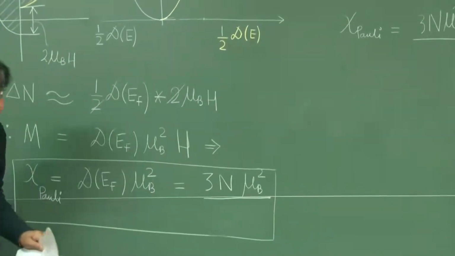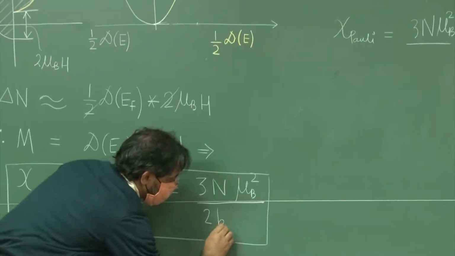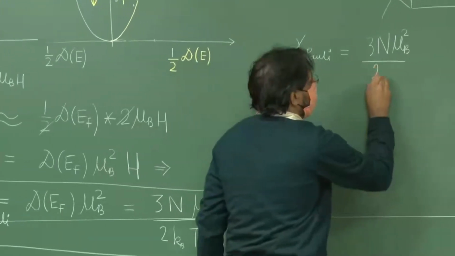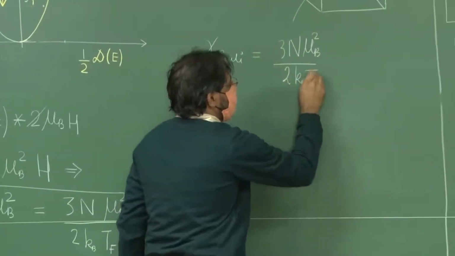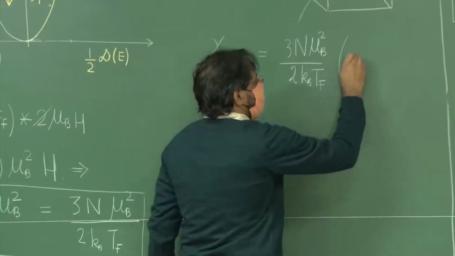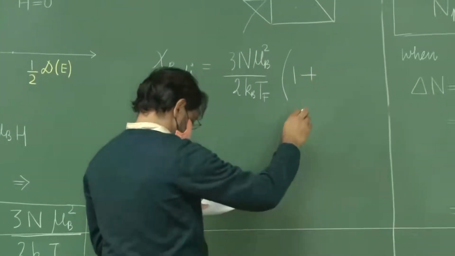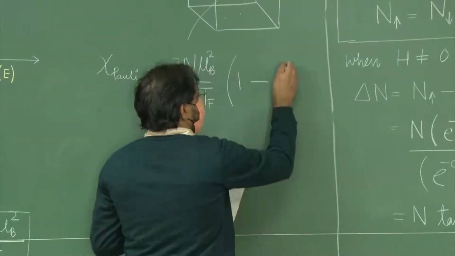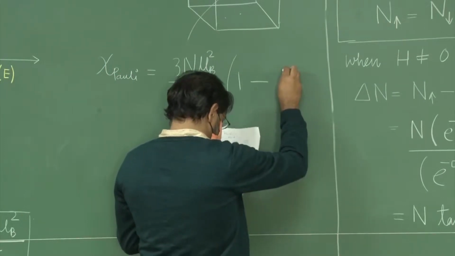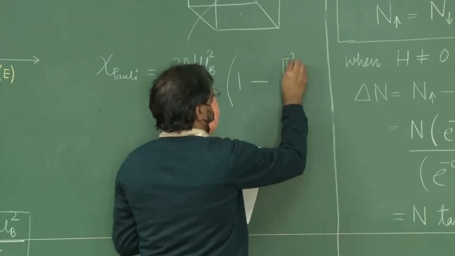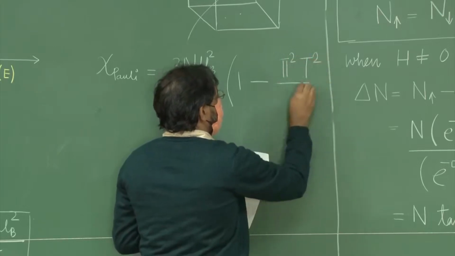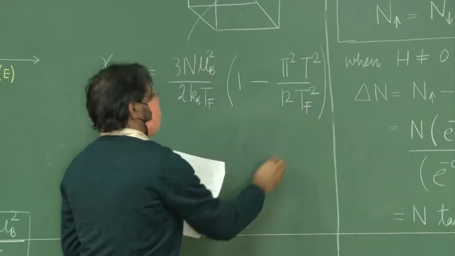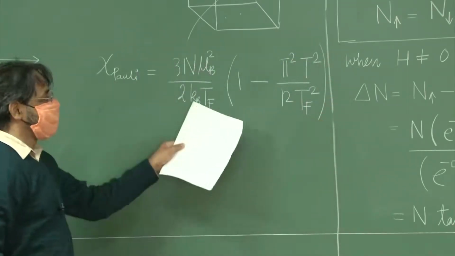Looks a bit nicer. Twice k_B T_F, so I'm going to write that here. Twice k_B T_F and then 1 minus pi square T square over 12 T_F square. So that is the correction term that you get. That is the temperature dependence.